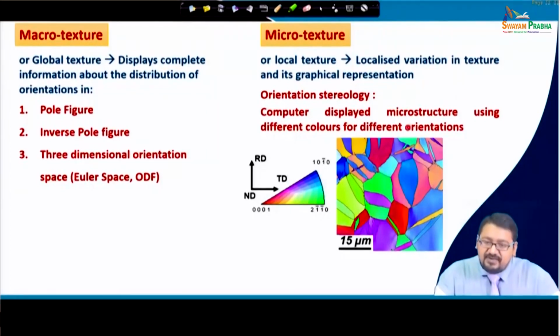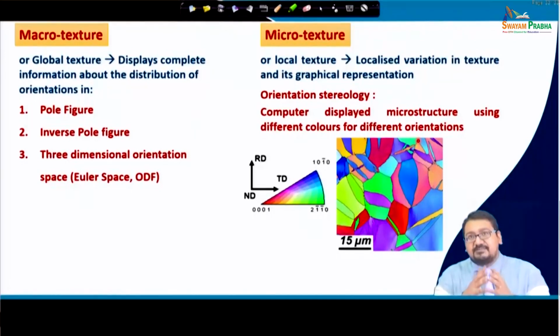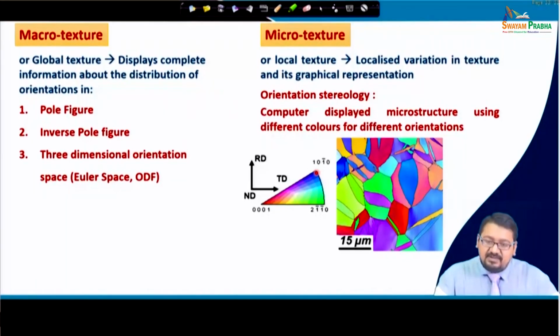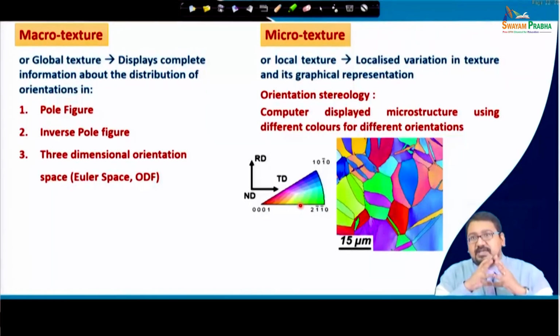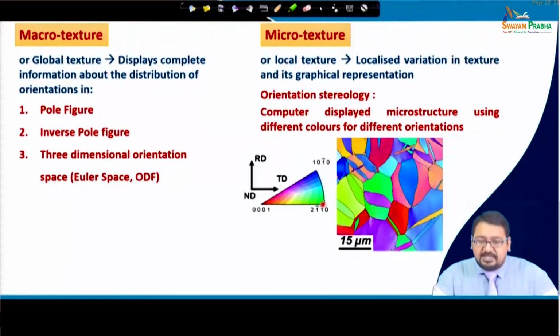Now, the different colors of the different grains present in this microstructure show different orientations, and this is given by this triangular color code. This is an example of a hexagonal close packed material, that is alpha titanium, which is a single phase and commercially pure titanium.